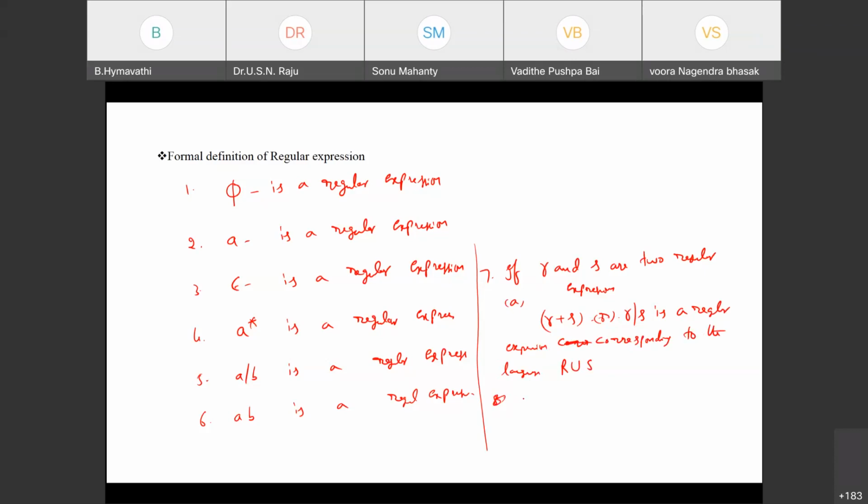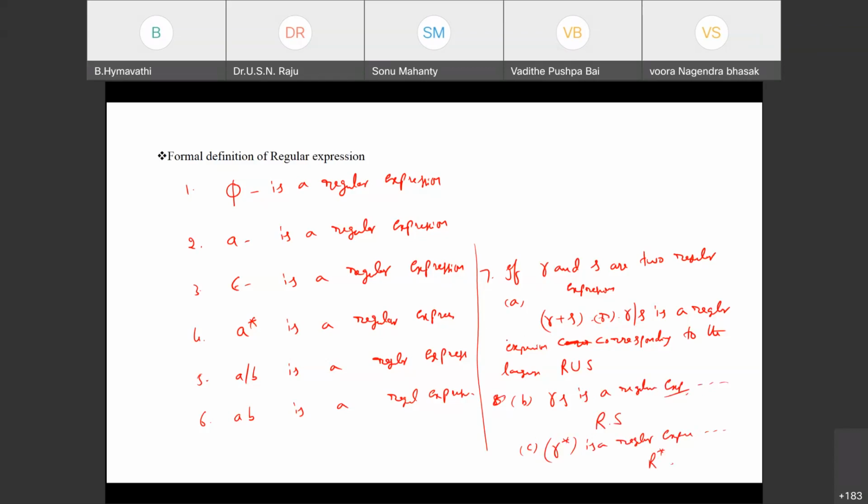If R and S are regular expressions, then RS is a regular expression corresponding to the language R concatenated with S. Then last one, R star is a regular expression corresponding to the language R star.